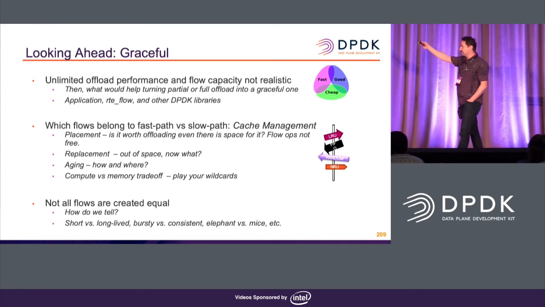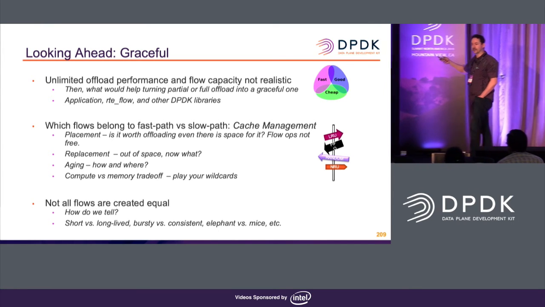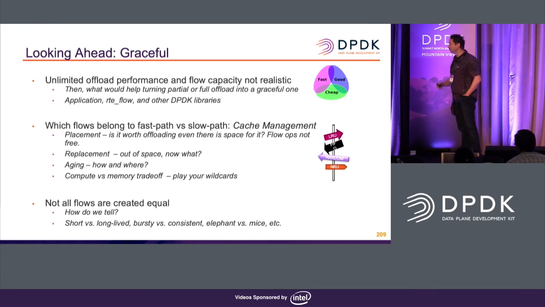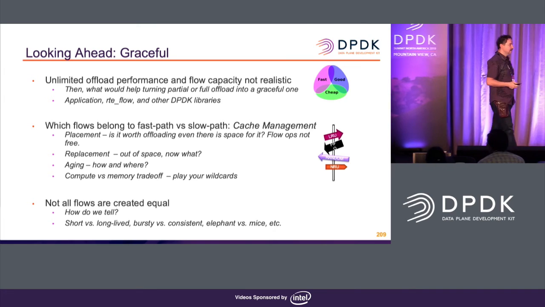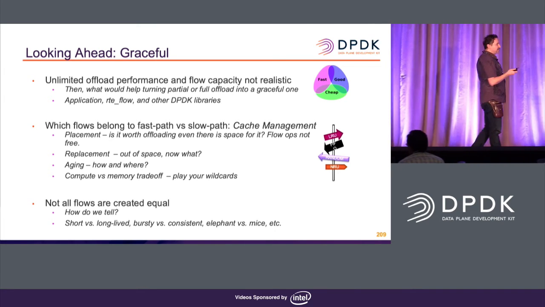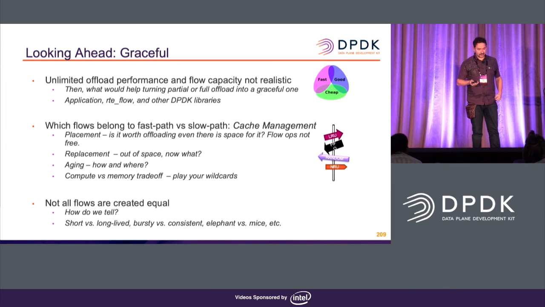We did live in a world where we have developed a lot of cache replacement algorithms for CPU caches, like LRUs, NRUs, random ones, FIFOs, et cetera. So are they applicable? Aging is another one, right? If you don't do anything, you will run out of space. If you age things, it might be good, but how do you age things and where?